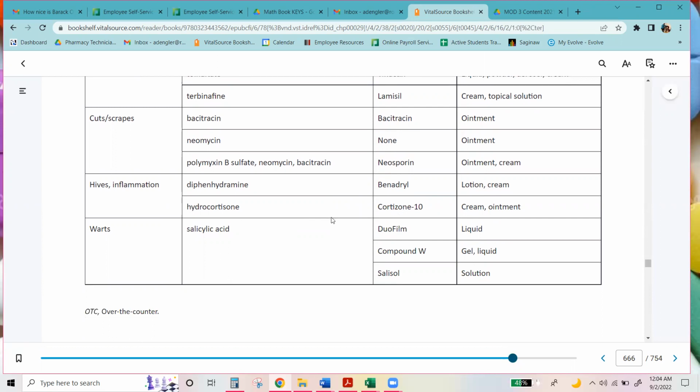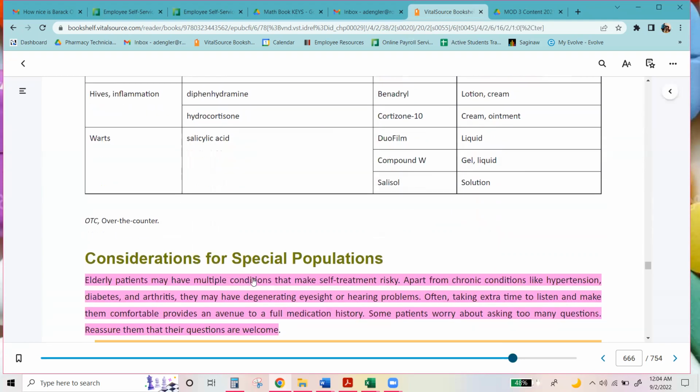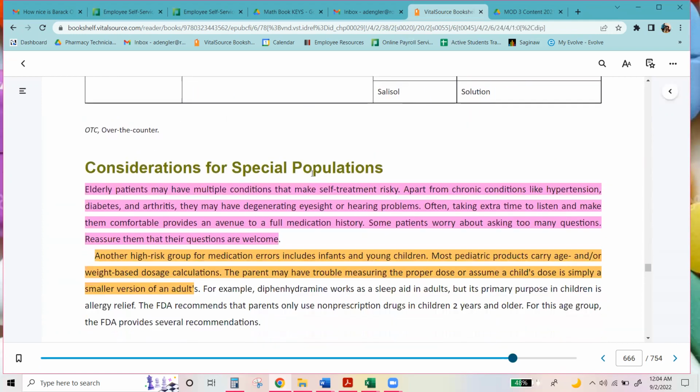We have hydrocortisone over the counter, Cortizone 10 is the brand name, which is going to be a lot less potent than the prescription. And then we have salicylic acid, which is used for warts, and comes in names like Compound W, Duofilm, and Salisol.